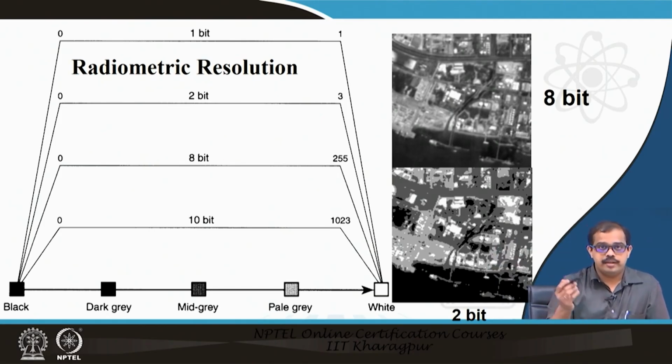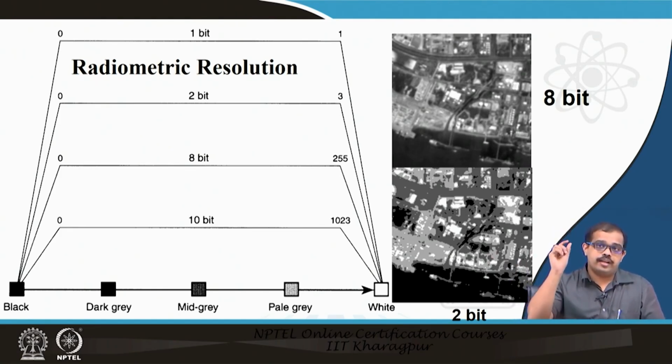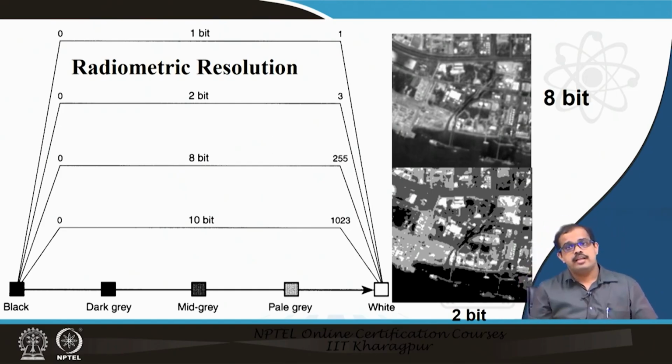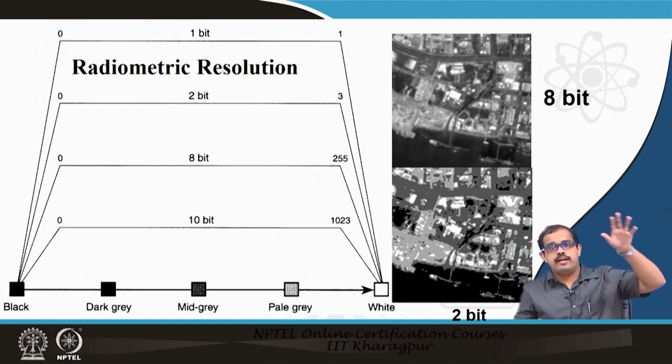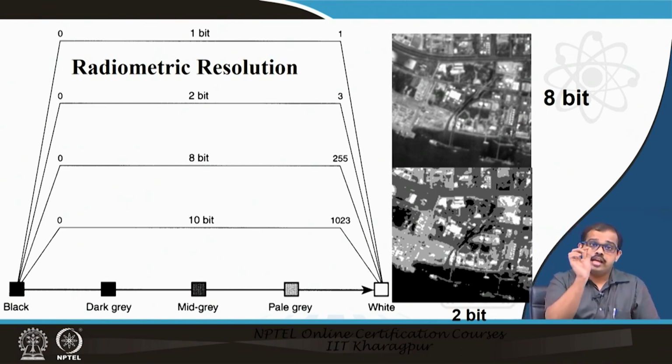And if you have 10 bit, then the range will be from 0 to 1023. I was speaking about digital number. When I say radiometric resolution, the number of gray levels that can be represented, it is equivalent to your digital number. Higher digital number means higher radiometric resolution, lower digital number means lower radiometric resolution.